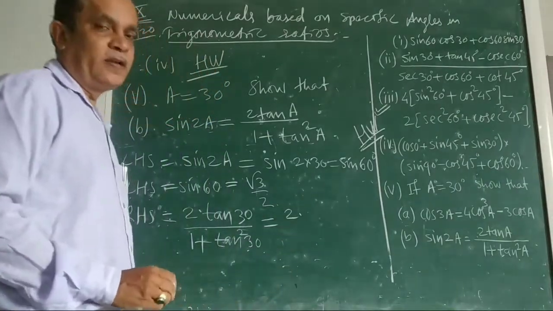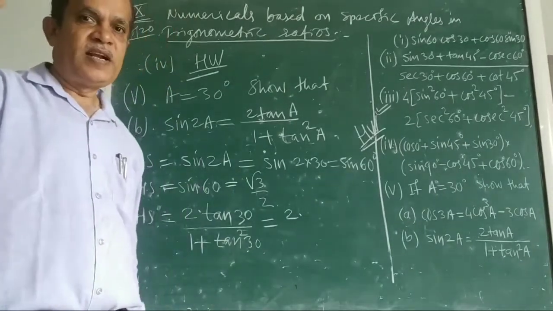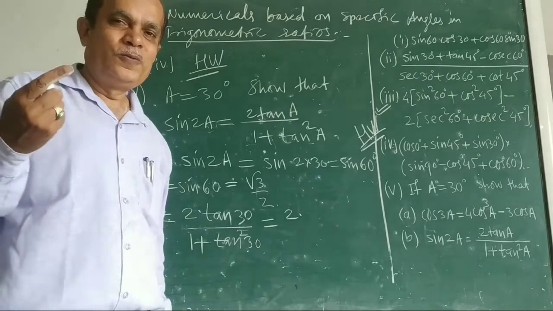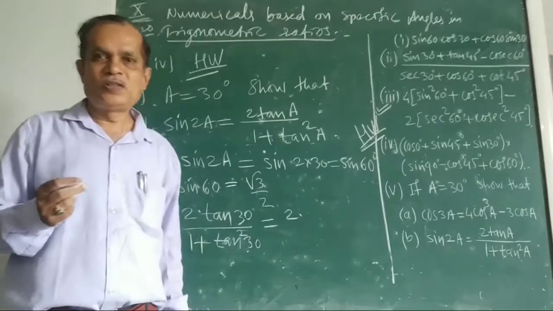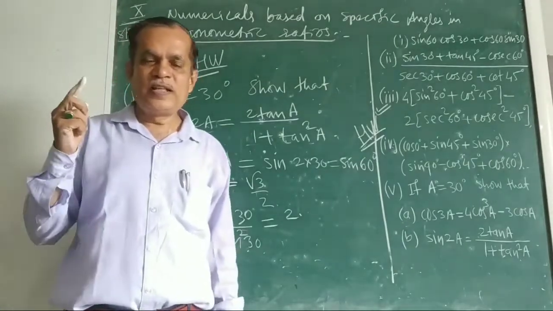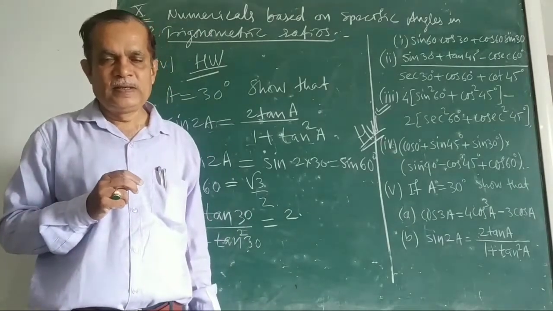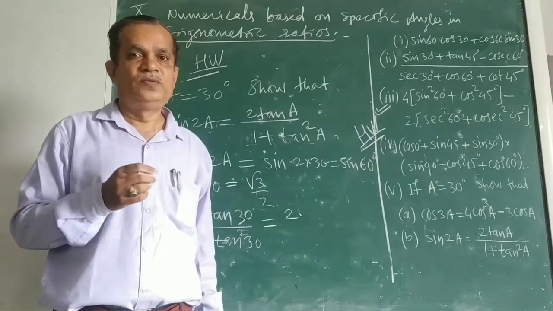What is tan 30? Do you remember? Tan 30 is sin 30 upon cos 30. Yes or no? So, yes. Do you remember? Sin 30 is 1 upon 2. Cos 30 is root 3 upon 2. 2 cancel. 1 upon root 3. Is it? Yes. If not known table, you have to put value. Remember it.